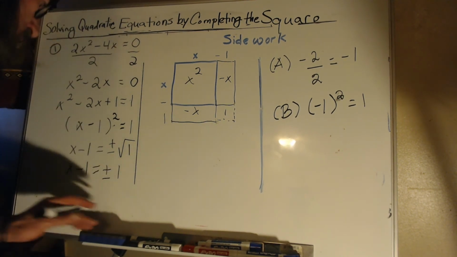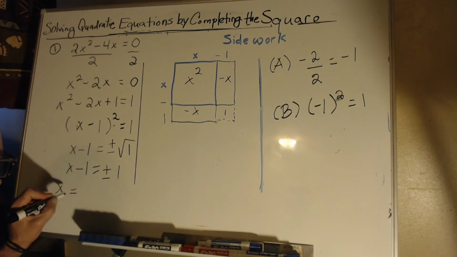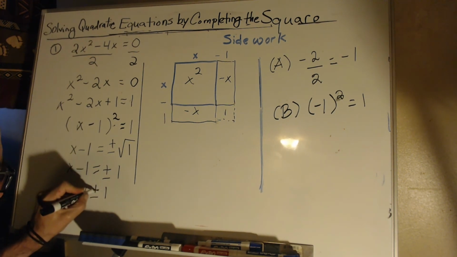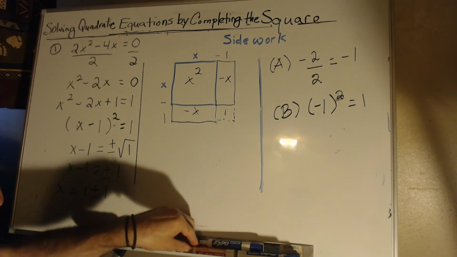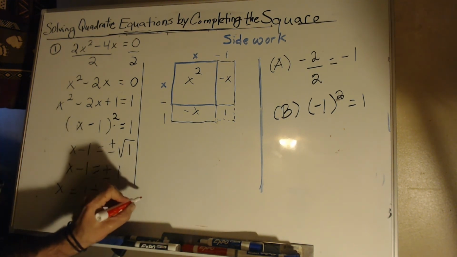So when we isolate x, we've got x is equal to 1 plus or minus 1. We split that into the two cases because we're able to get rid of the square root completely.